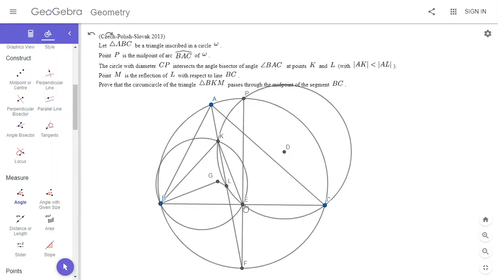So angle BLE, can we use that FL times FK is FB squared? That feels like it has to be useful, right? LBF is equal to LKB. That feels like it's probably useful.